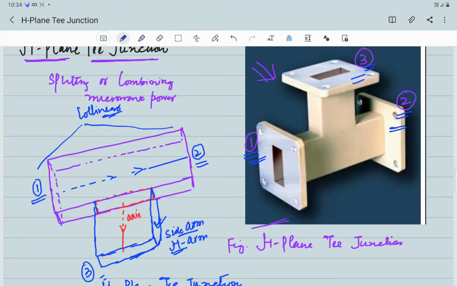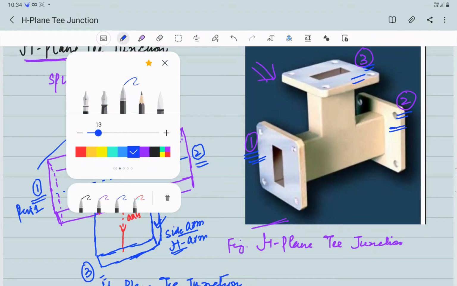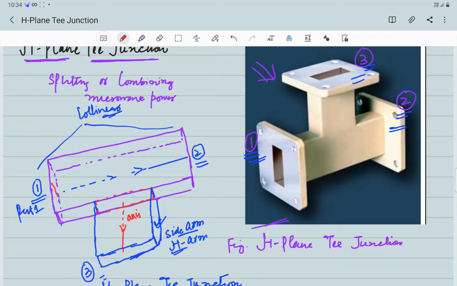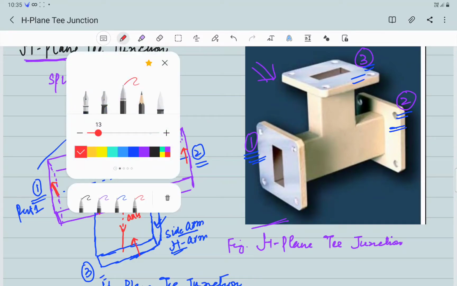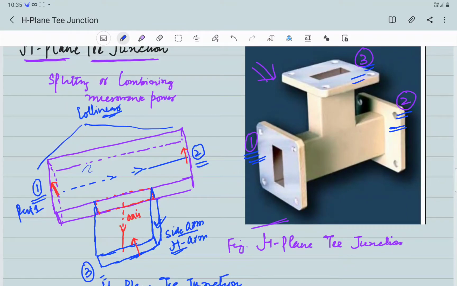Now if I connect a source, for example at port 1, the direction of electric field would be upwards. This would be the direction of electric field here, and this would be the direction of electric field at port 3. Now the magnetic field would be perpendicular to electric field.